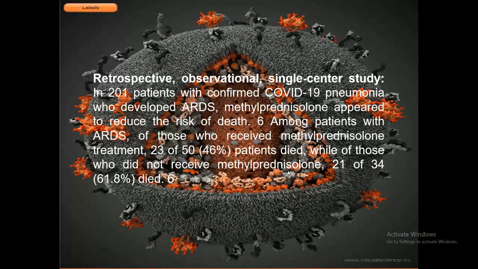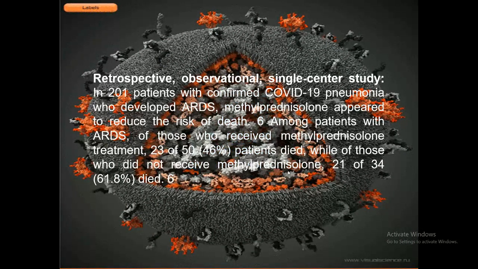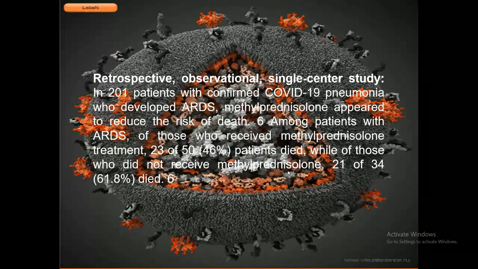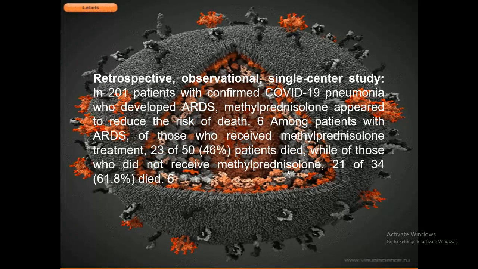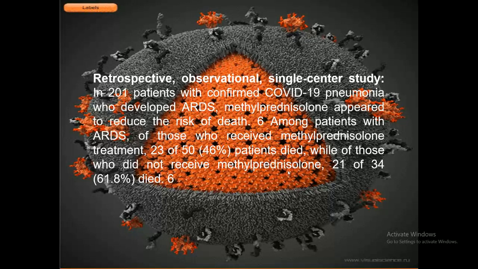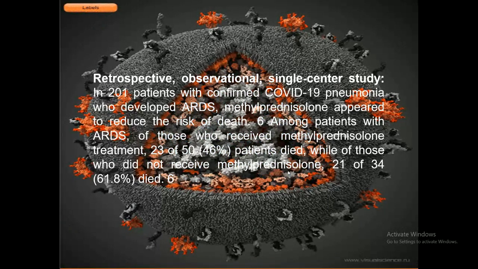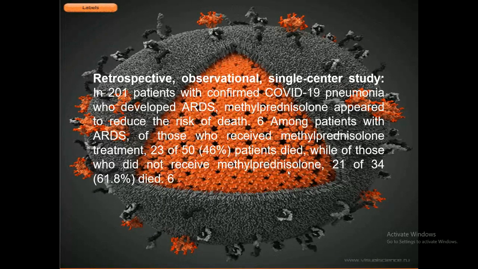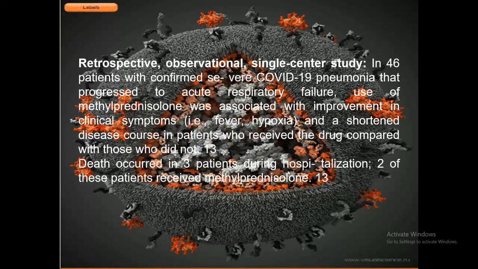One of these studies is an observational single center study. It is retrospective, including 200 patients, and they developed ARDS. Steroid appeared to reduce the risk of death, with mortality of 46% among the patients who used it compared to the other group, in which mortality was 61.8%.